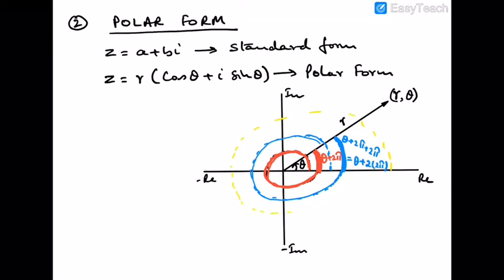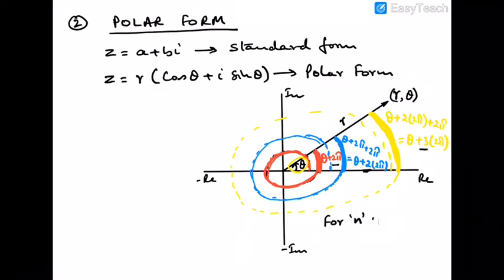Now for the third circle, it will be theta plus 2 pi plus 2 pi plus 2 pi, that will give us theta plus 3 times 2 pi. So we can say that for the nth round, we will make theta plus n times 2 pi angle.